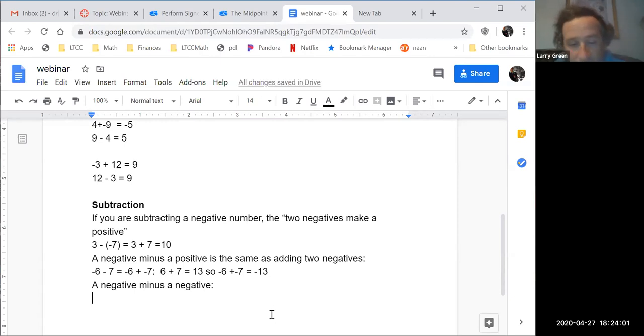So let's see if you can do one. How about negative 11 minus a negative 5? Let's see if you can work this one out. And the idea is you just have to use what we've already seen, but there's two rules you have to use, and hopefully you can get them.